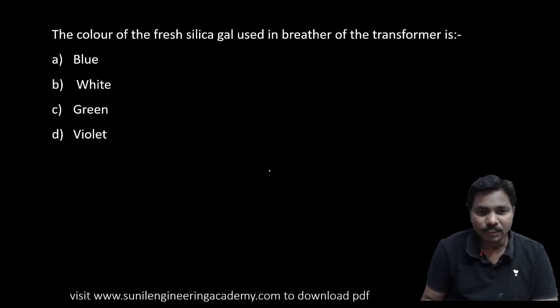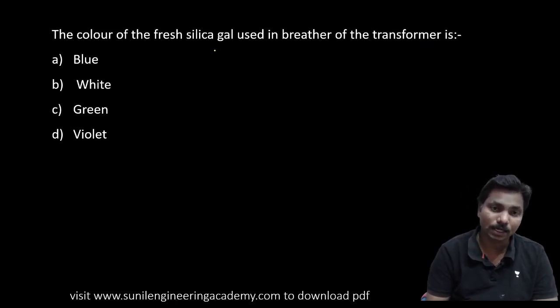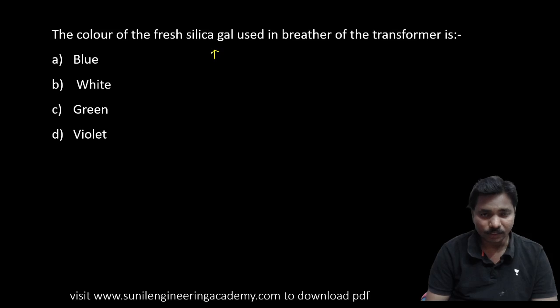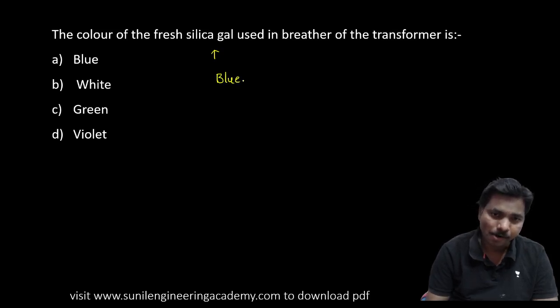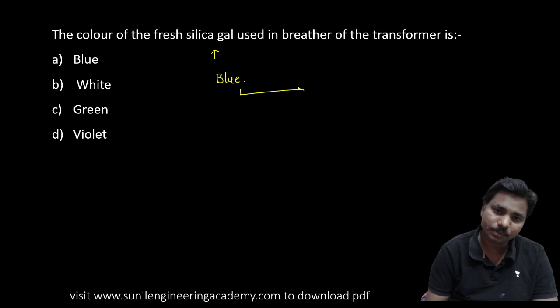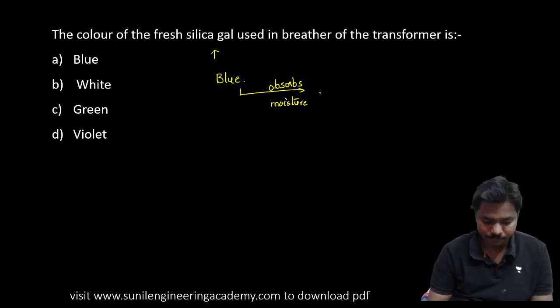The color of fresh silica gel used in the breather of the transformer is dash. They are asking which type of color. Generally, the silica gel is in blue color. Whenever it absorbs moisture, it becomes pink color.